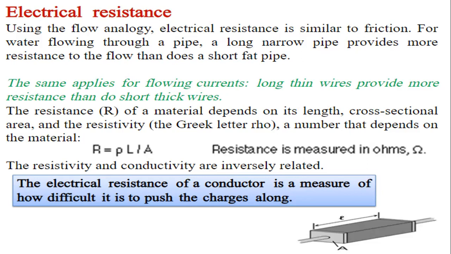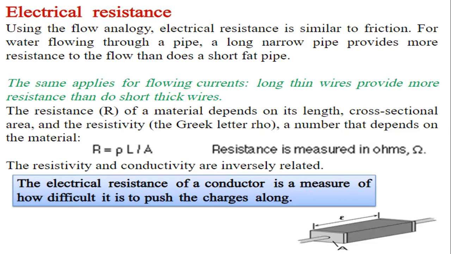This particular part we discussed in the last class, how the electron is flowing. As the electron flows inside the conductor, the resistance will be more if we are using long thin wires when compared with short thick wires.